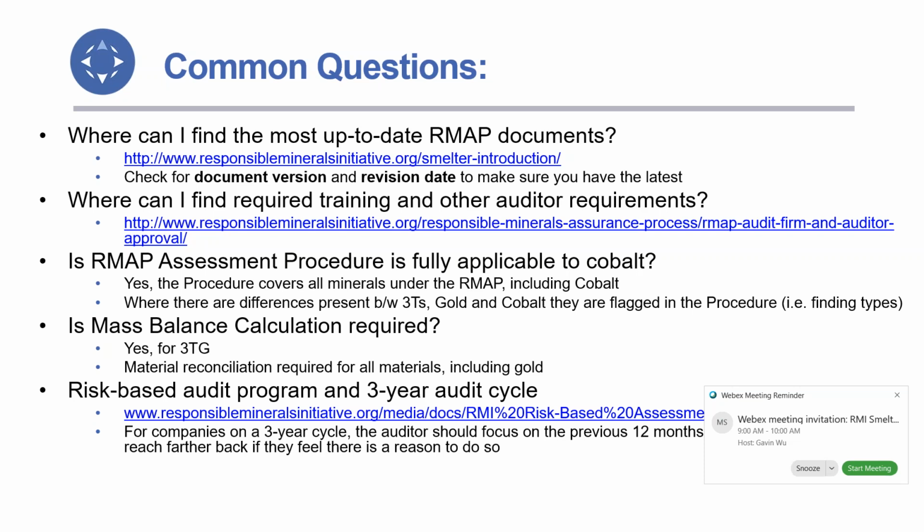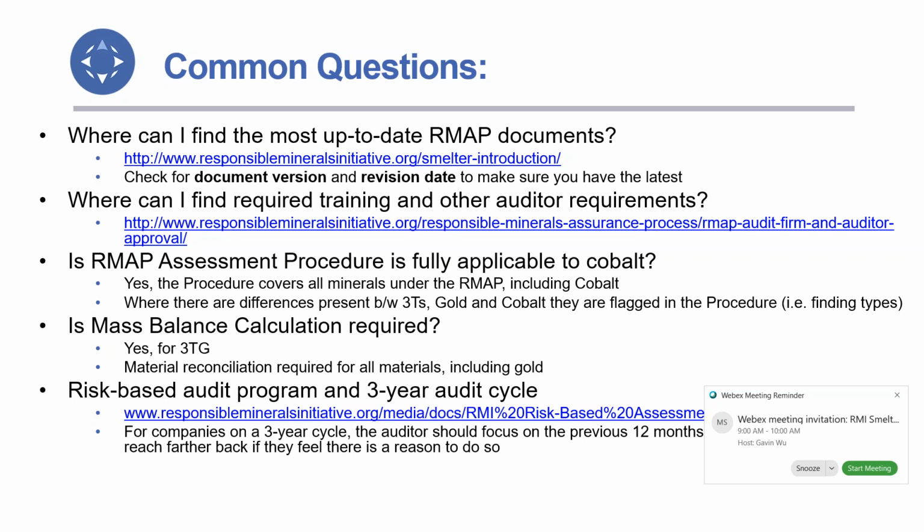So mass balance or material reconciliation is required for all materials, including gold. However, specifically, the mass balance formula is only required for 3Ts because for gold, it really makes no sense to have the 10% margin of error. For gold, really, if you're losing any more than 1%, you should be out of business.